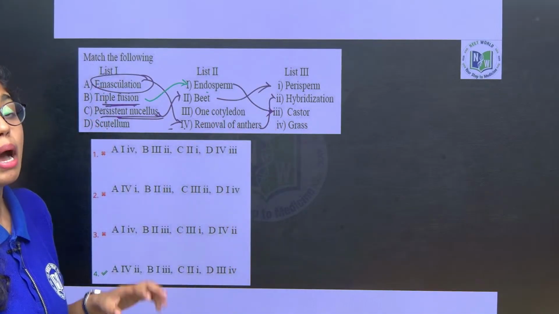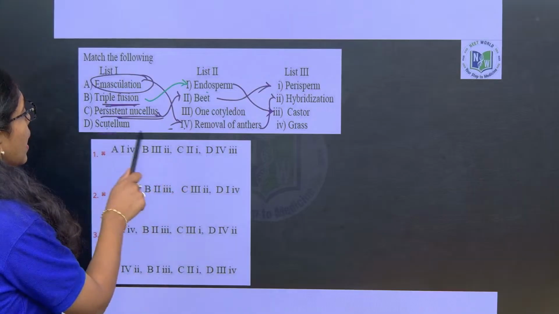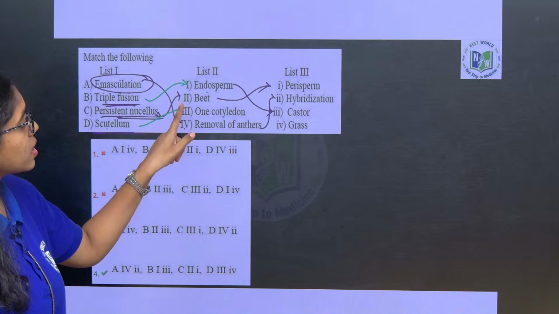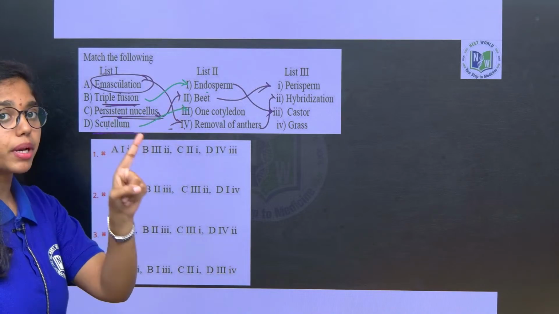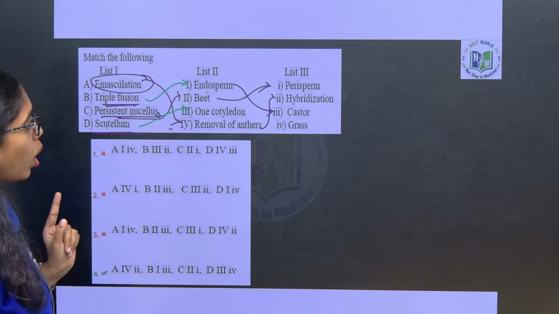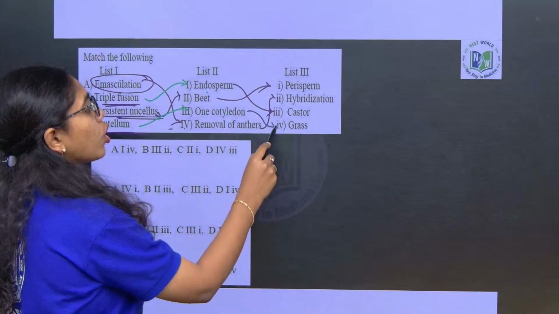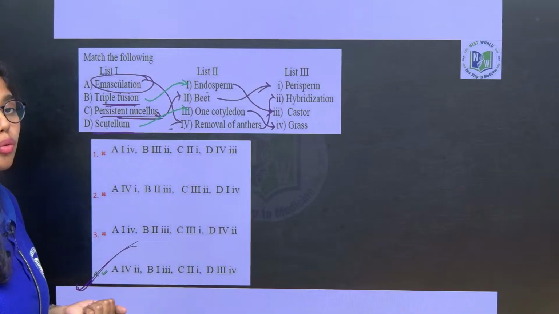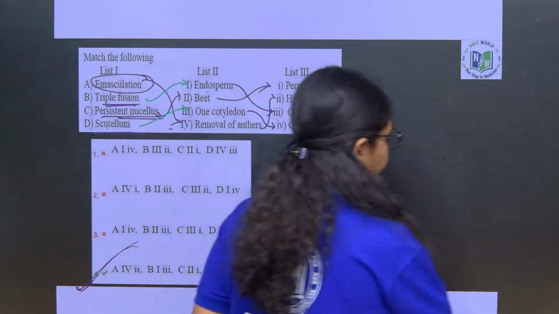Perisperm means persistent nucellus. Next, scutellum. Scutellum is the one papery cotyledon in monocots, and this you will see in monocots like grass or the Poaceae family. So here we have to go with option 4.